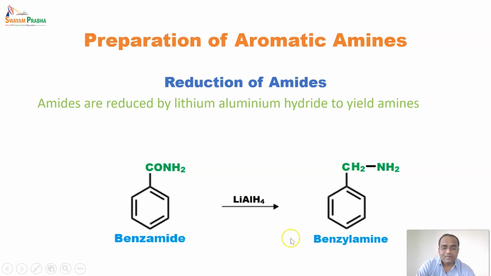So why is it different from the Hoffman degradation? In the Hoffman case, benzamide is used but the end product is aniline. But here the end product is benzylamine, where the carbon is retained, and only the amine group remains at the first position.